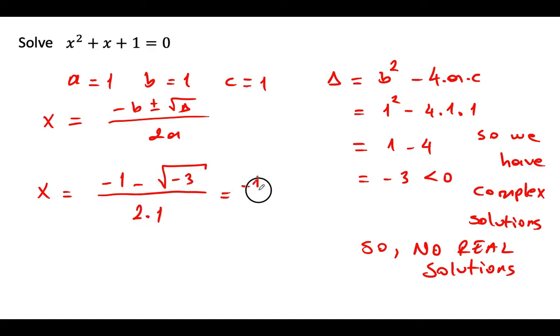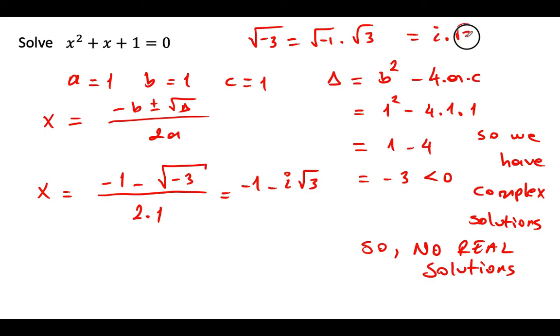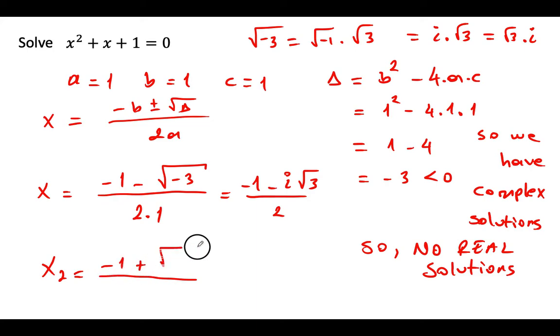So it will be negative 1 minus i times root 3, since negative root 3 could be written as negative 1 times this, and it will be i times root 3, and then divided by 2. So this is the first root. The second root will be negative 1 plus i times root 3 over 2. That's it.